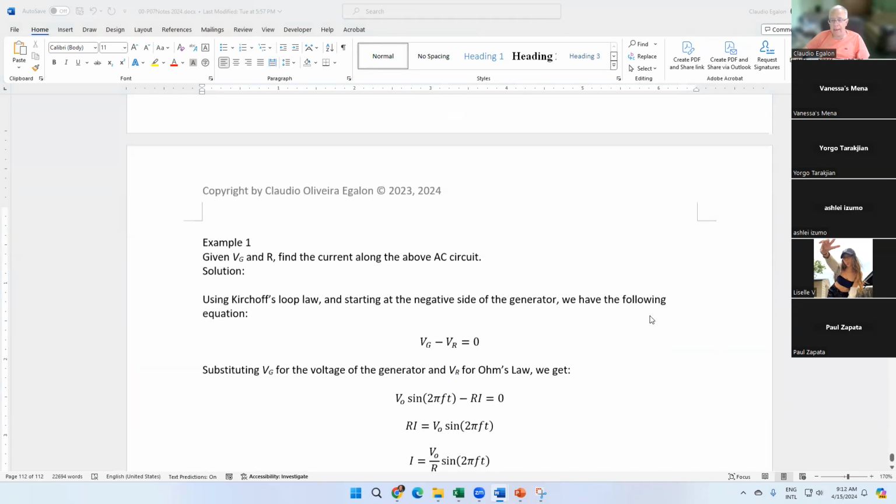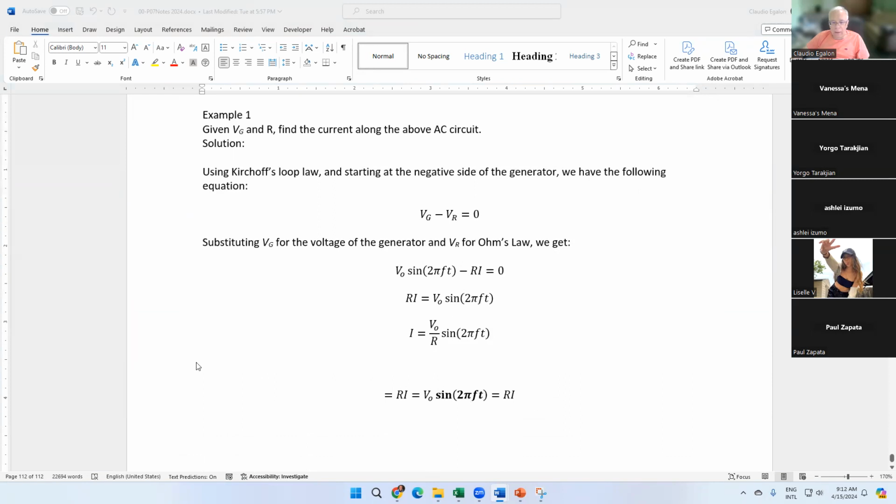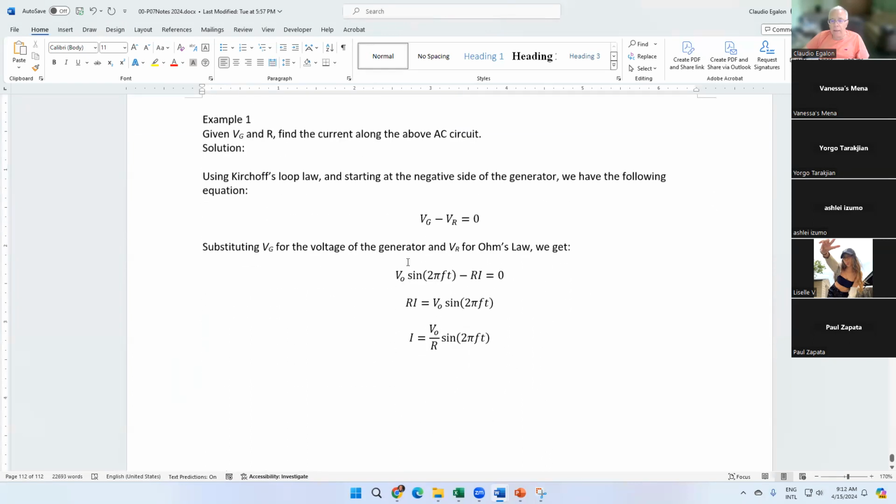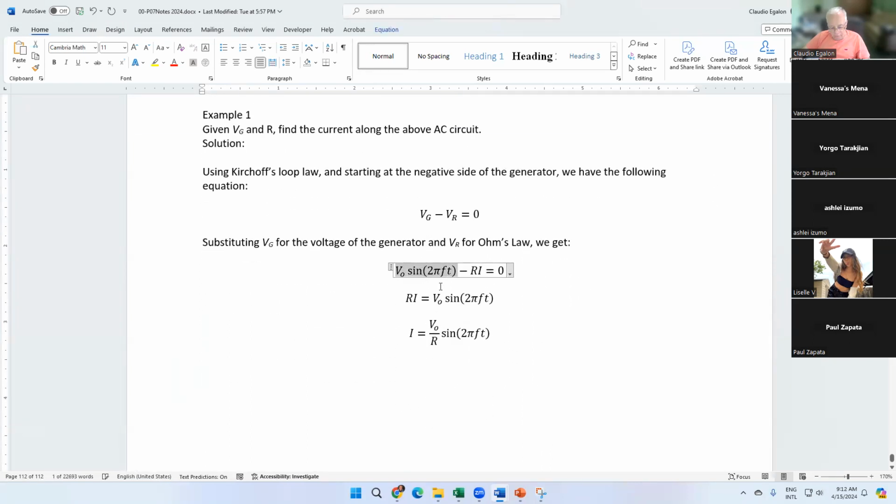Very important. Note the current here, I'm going to put V sub G and I next to each other, right?